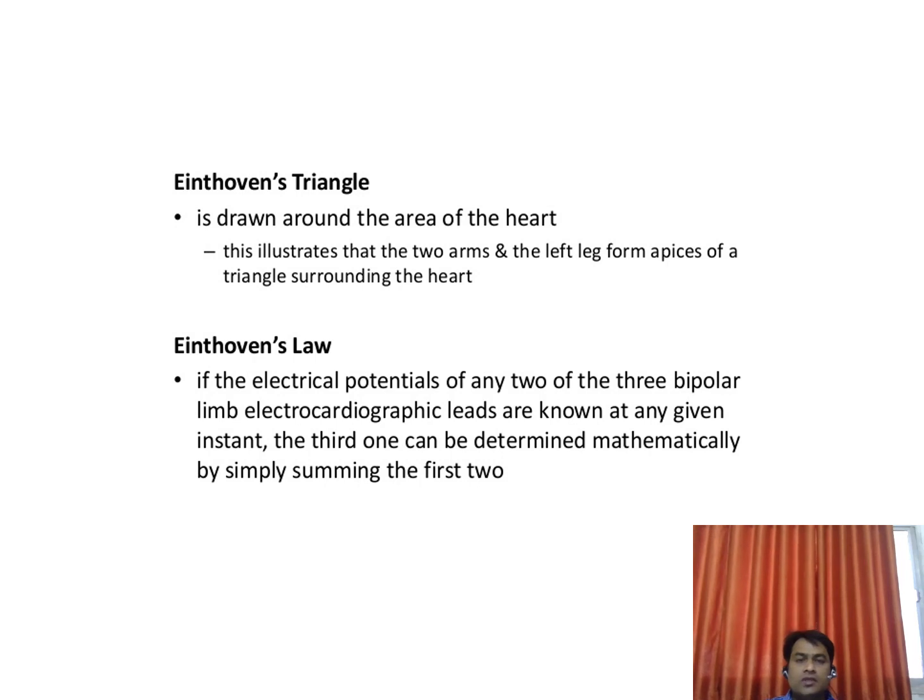So the influence triangle, influence law: if the electrical potential of any two of the three bipolar electrographic leads are known at a given instant, the third one can be determined mathematically by simply summing the first two.